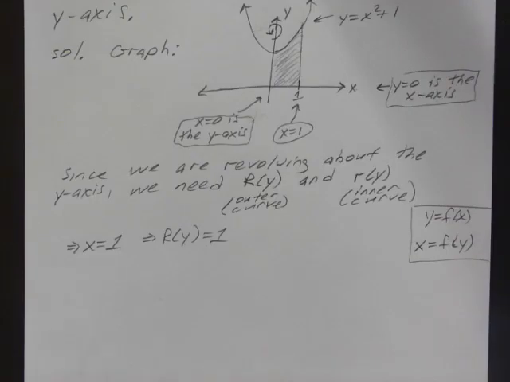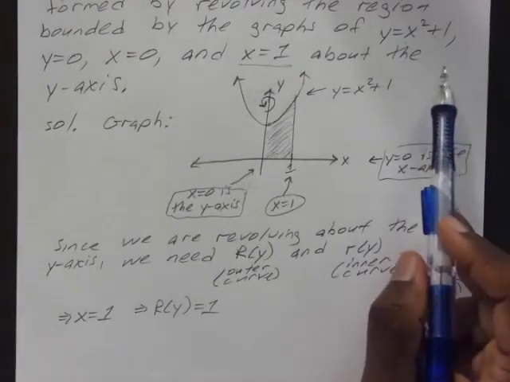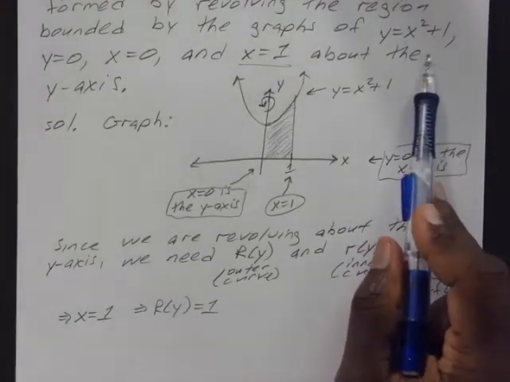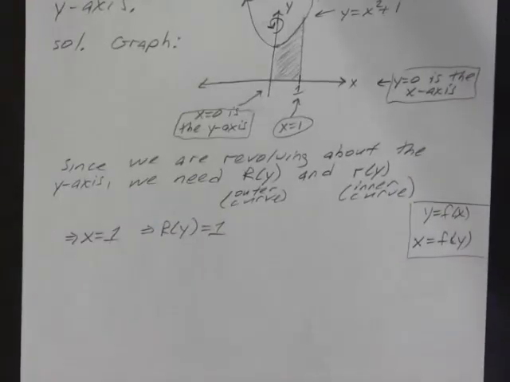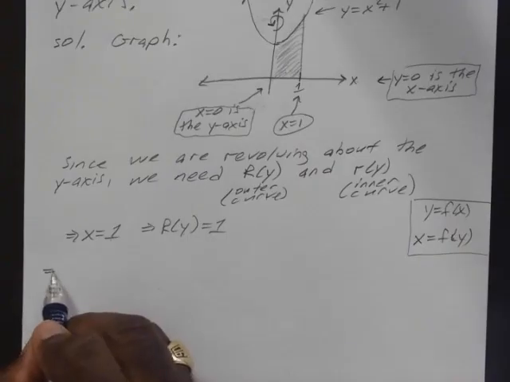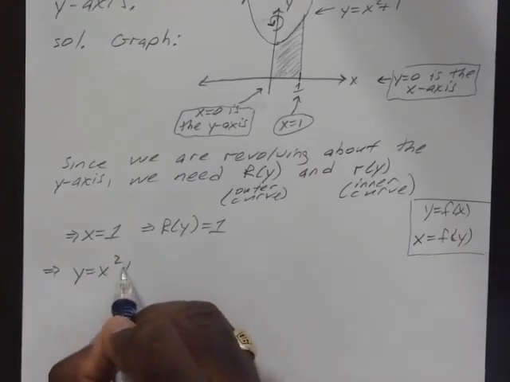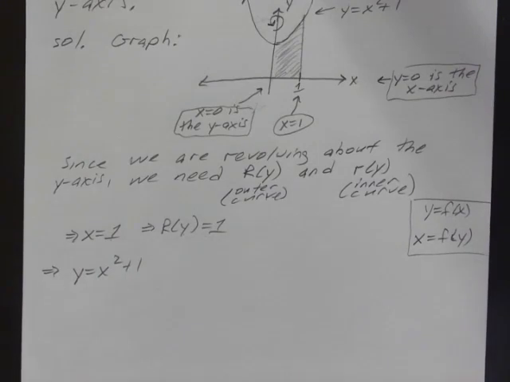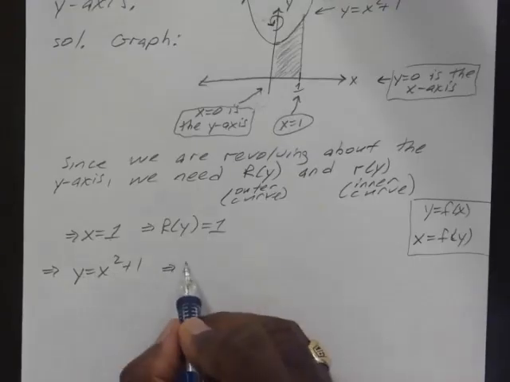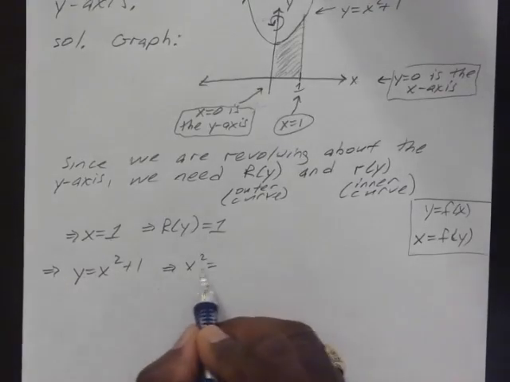Okay. Now that y equals x squared plus 1, we have to convert that in terms of y to get our inner function of y. We have y is equal to x squared plus 1. So if we subtract 1 from both sides, we get y minus 1 equals x squared, or just x squared equals y minus 1.